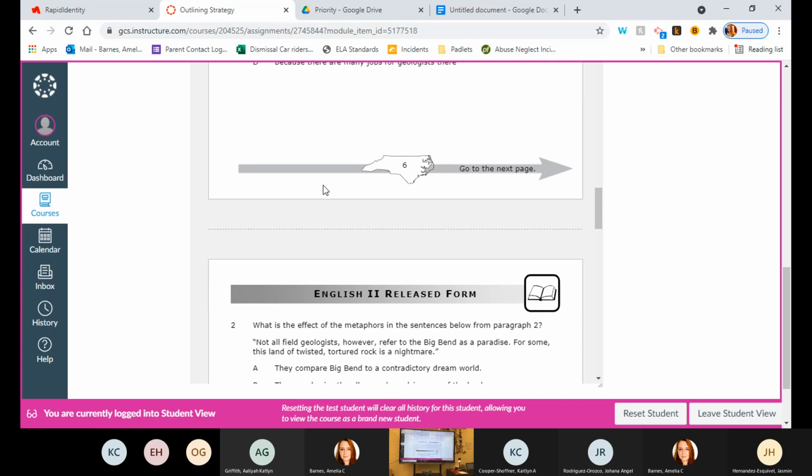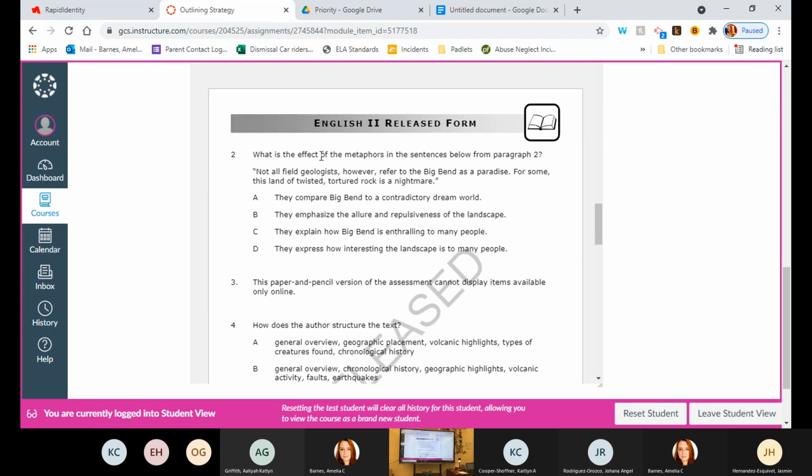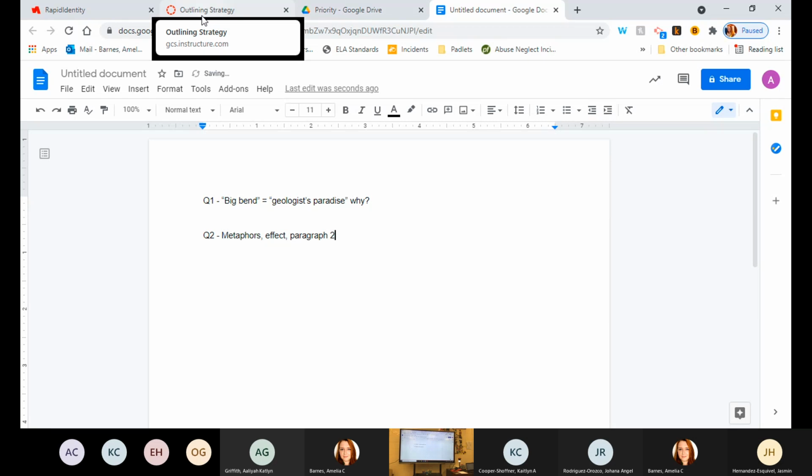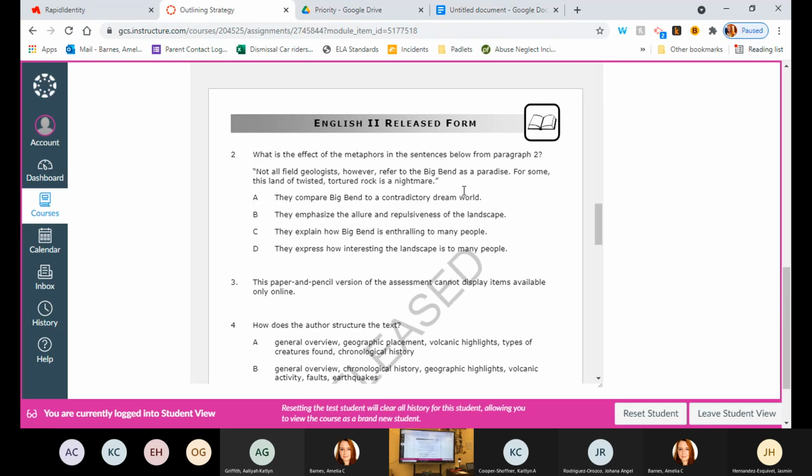Then question 2: what is the effect of the metaphors in the sentence below from paragraph 2? Our key details are metaphors, effect, paragraph 2, and it's the sentence, "Not all field geologists, however, refer to the Big Bend as a paradise.